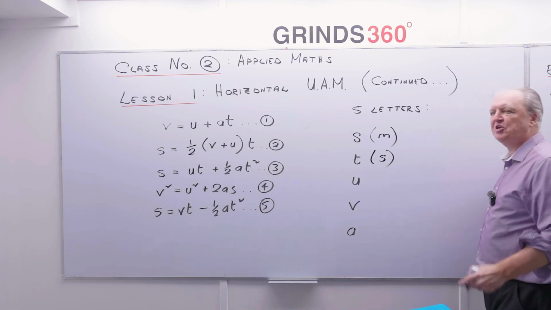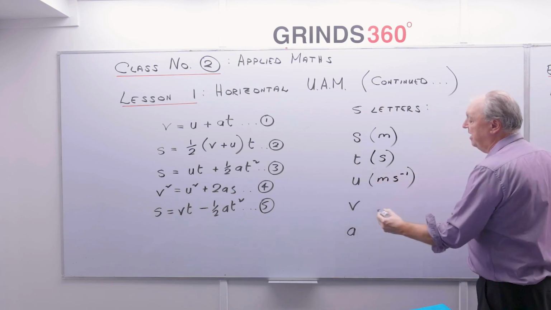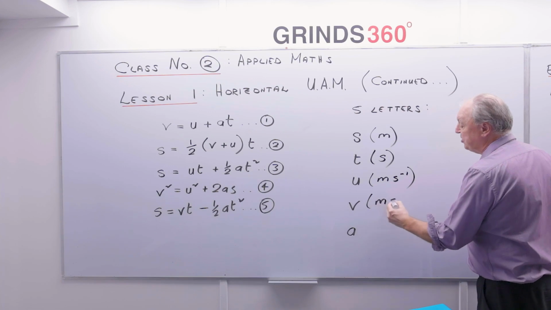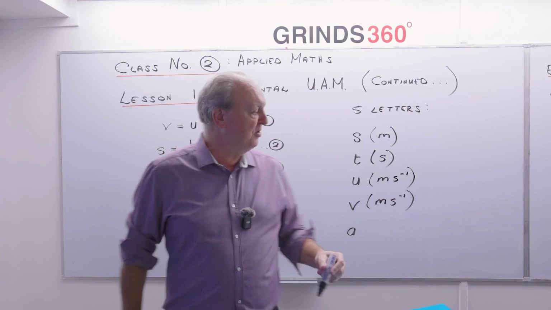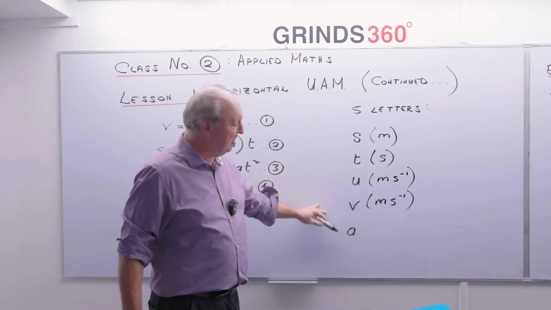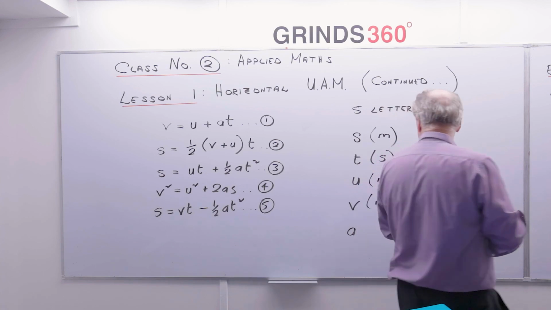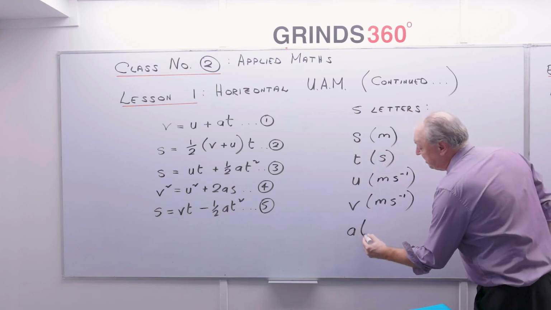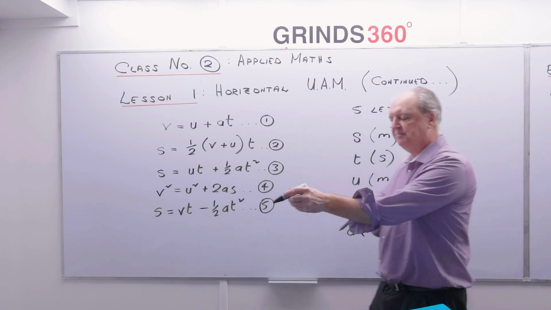We're going to have the initial or starting velocity, and that's measured in meters per second. And the final velocity, also meters per second, of course. And then, to go from one velocity to another, you're going to accelerate. Acceleration is that change in velocity. So the acceleration is measured in meters per second squared.